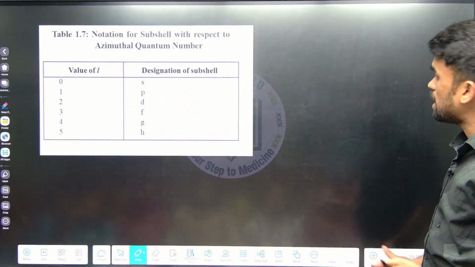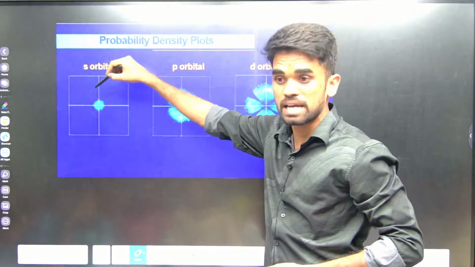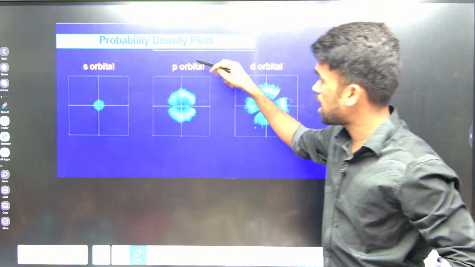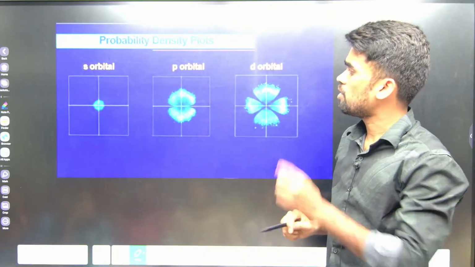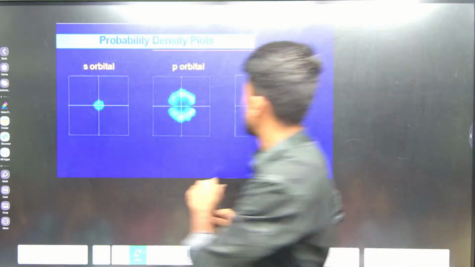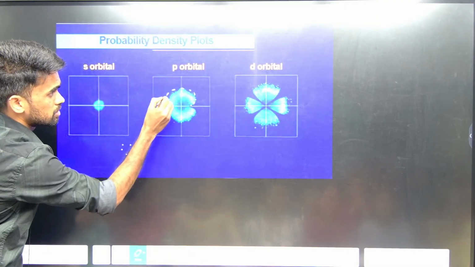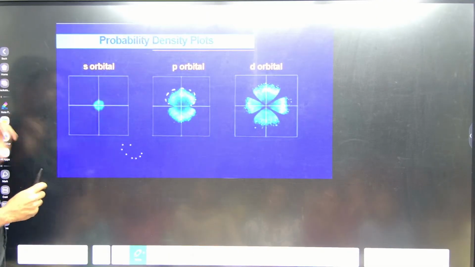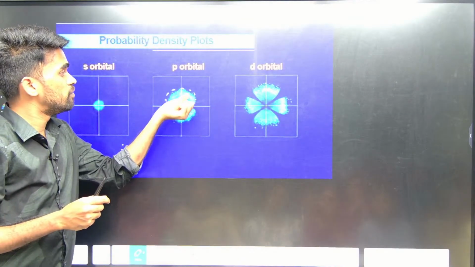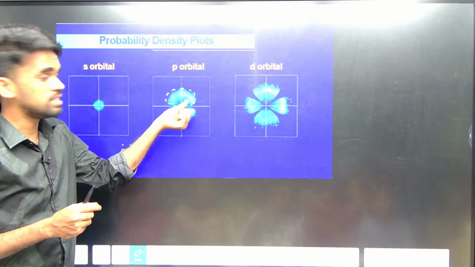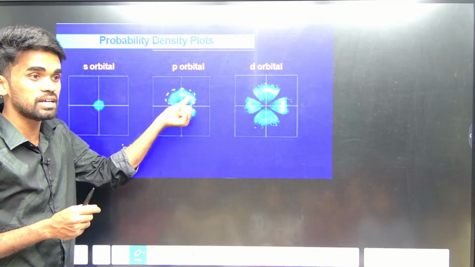Now we will discuss shapes. The s orbital is spherical in shape. A p orbital is dumbbell shaped. What it is saying is that this is the region where you can find the electron.